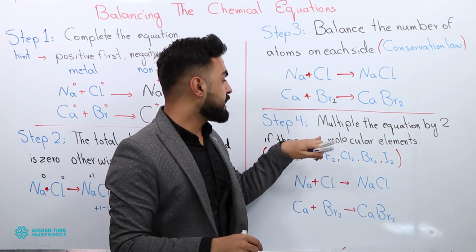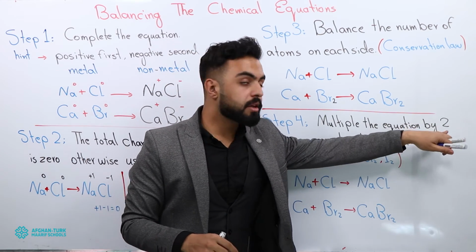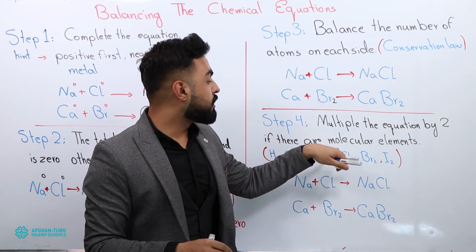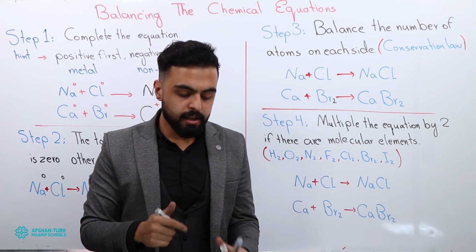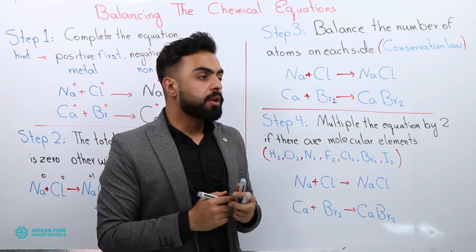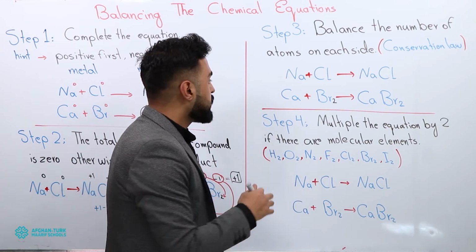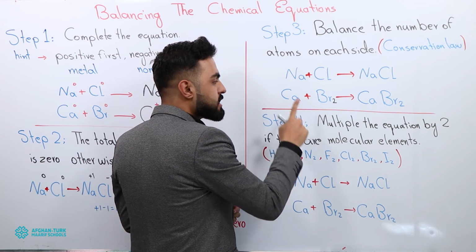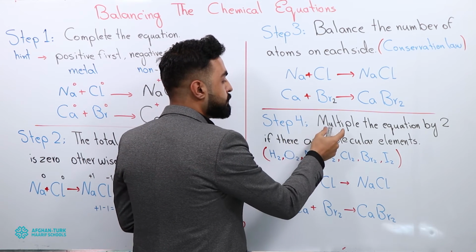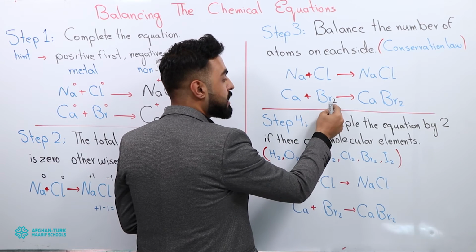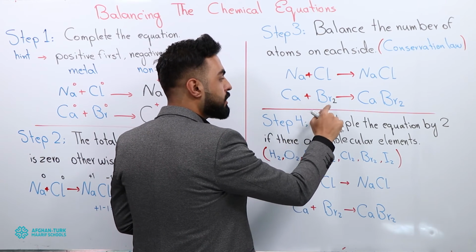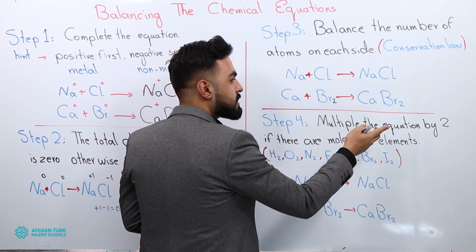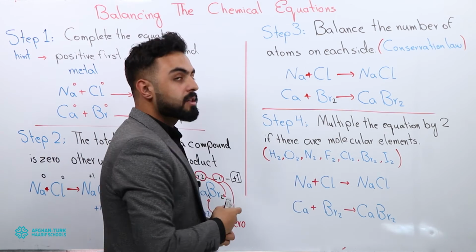So in step 4 it said multiply the equation by 2 if there are molecular elements. Before that, when you're writing the coefficients, you should write them at the first for each element, except for molecular elements, where we write a number 2 on the right side. Why? Because they are molecular.